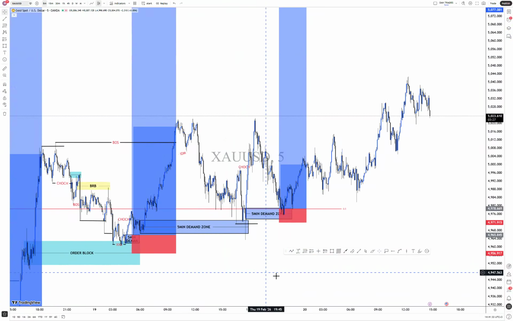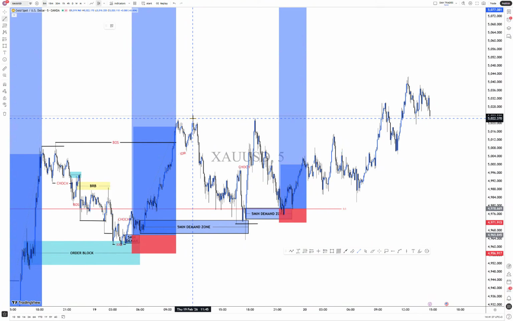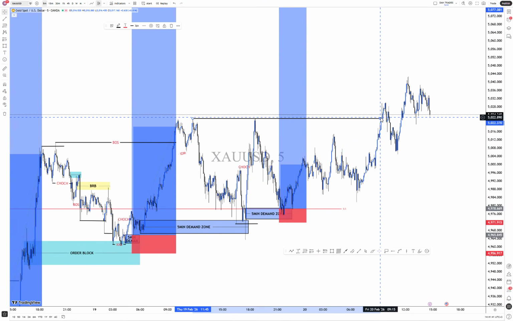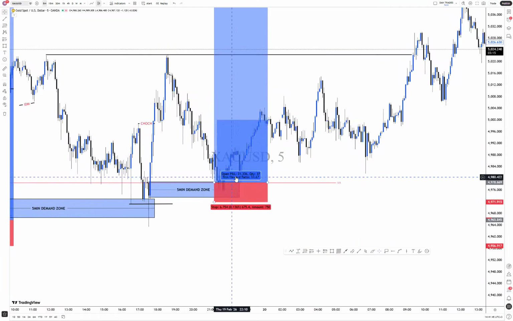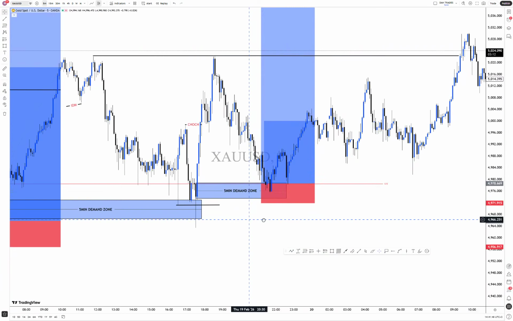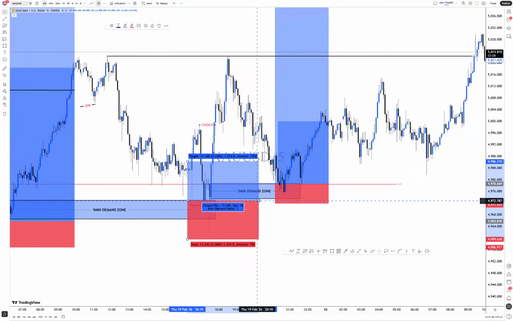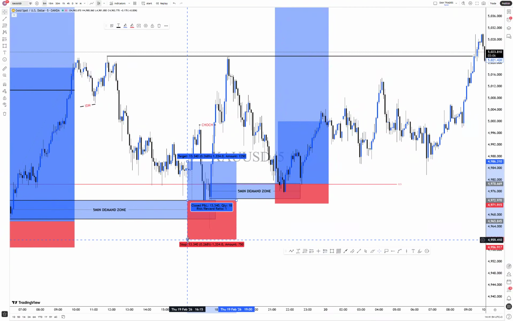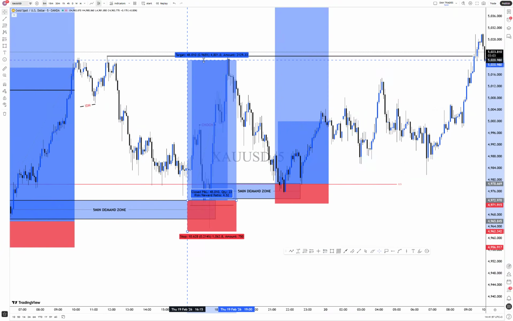If you are to target this high, you are looking for another break of structure, and you can see we have that break of structure. Now let's have a look at this area. Again, when we mitigated this zone, remember there is a position we took around this area for a buy. This is just a weekly outlook of what you could have been doing, right?